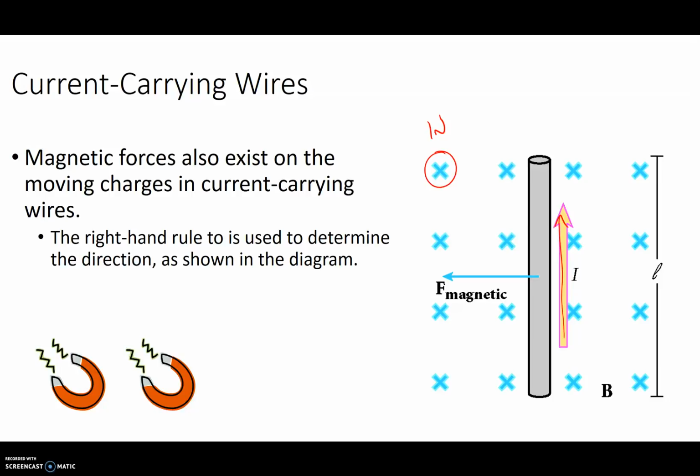So our thumb goes in the direction of our current, our fingers are going into the page, and if we have this open palm, our palm should be facing off to the left, giving us this magnetic force that's going off to the left. I don't know why my pen is doing that today. And so we have these current-carrying wires that essentially generate these magnetic forces.